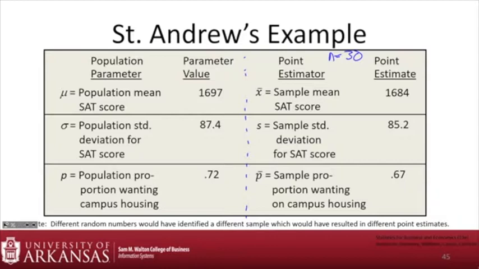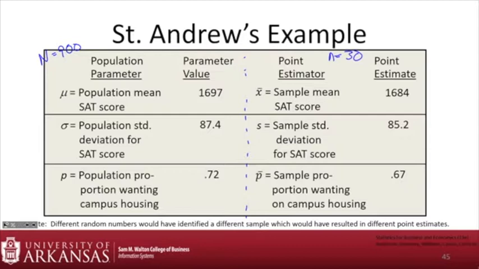Then, finally, a couple days later, we get everything entered, and we come back and ask how close were we. So our population, when I have all 900, actually my SAT score for these applications is 1697. I said it was 1684 for my sample.